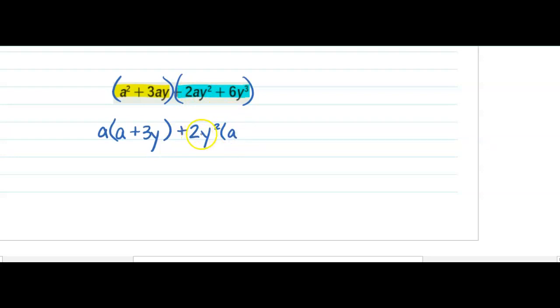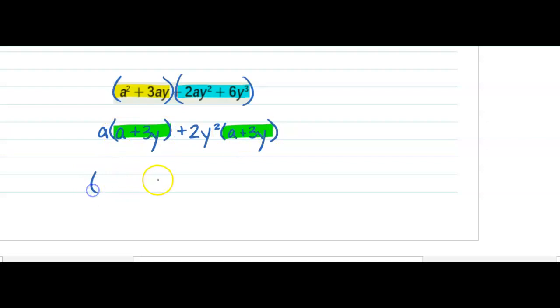A. 2y squared times A is 2ay squared. 2y squared times what is 6y cubed? Well, 2 times 3 gets me to the 6. Y squared needs to multiply by a y to become y cubed. I've got it. And look what we have. We have another common binomial.